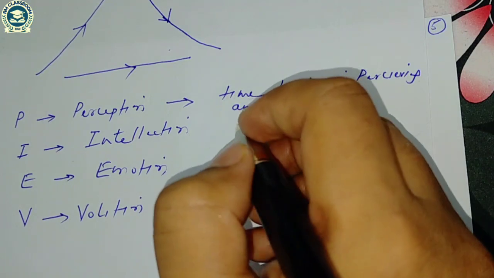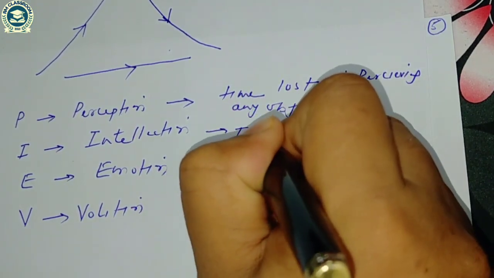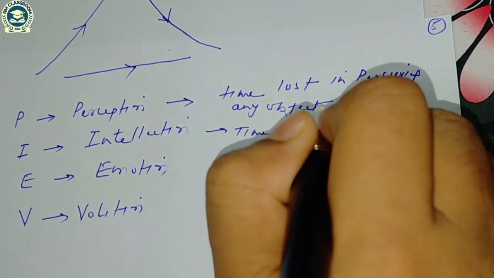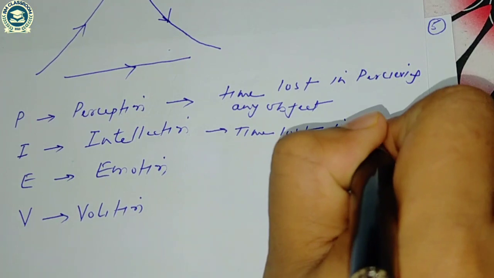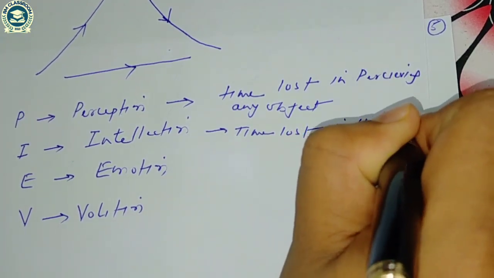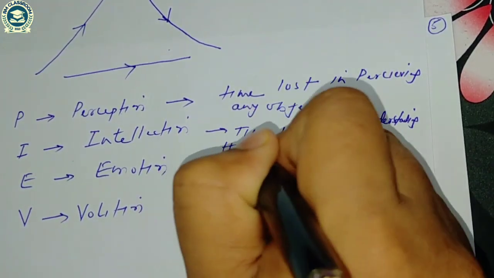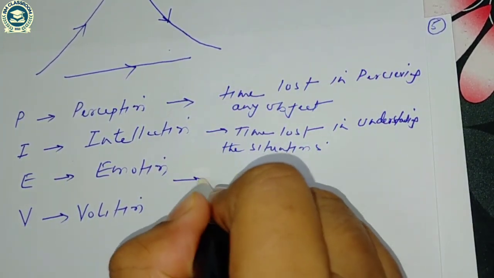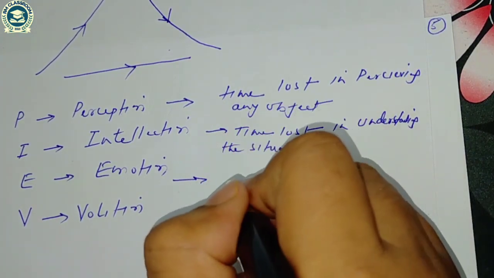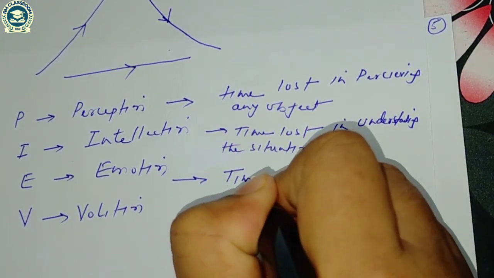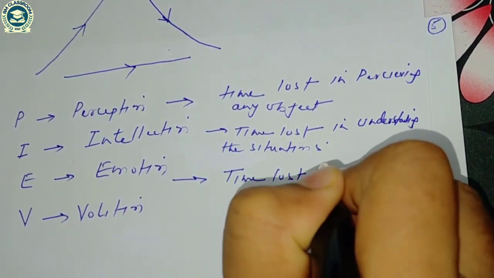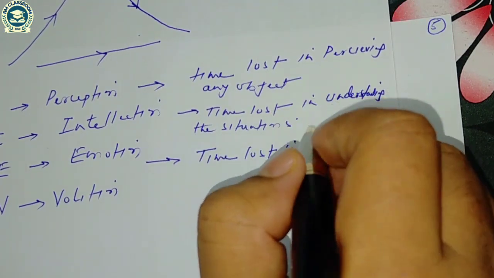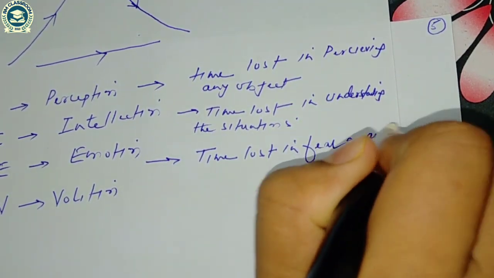Intellection time means time lost in understanding the situation. Emotion time means time lost in fear or anger.